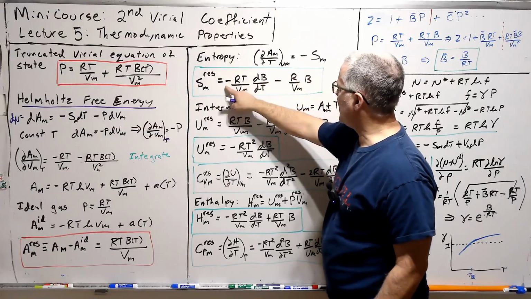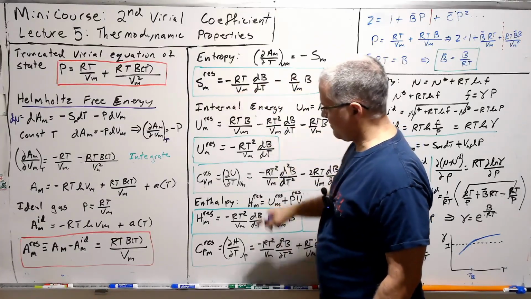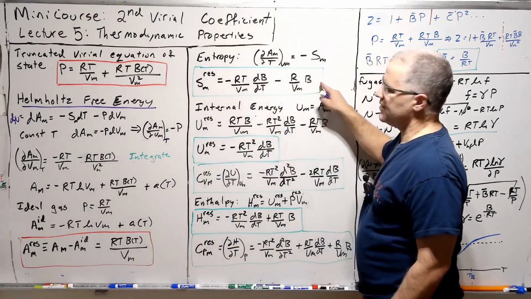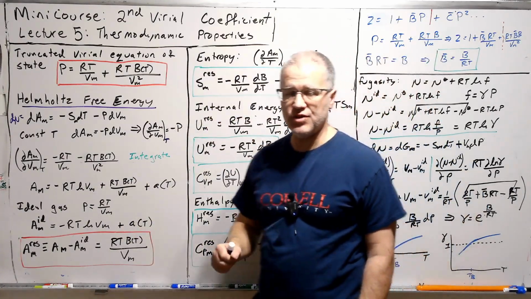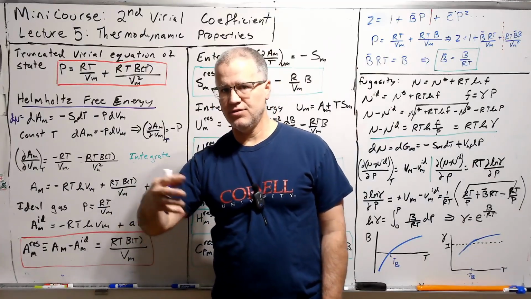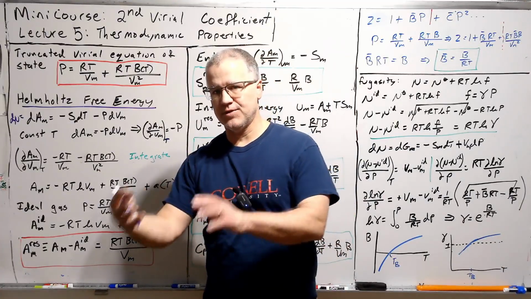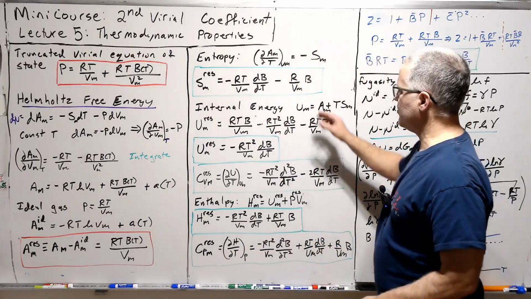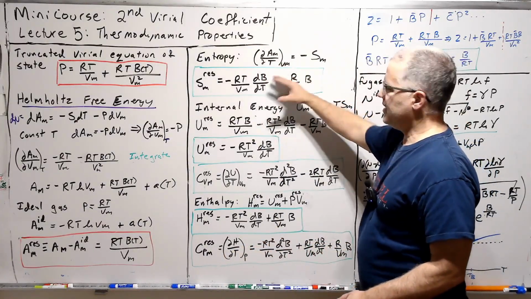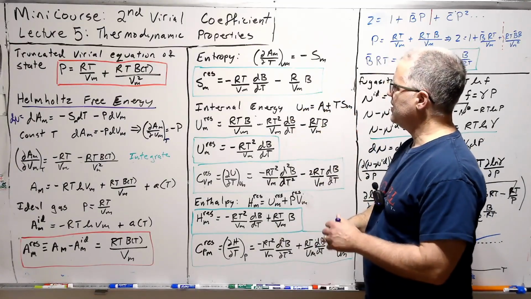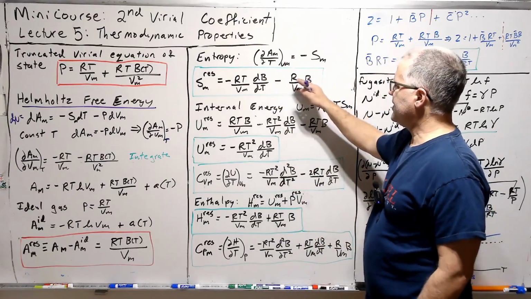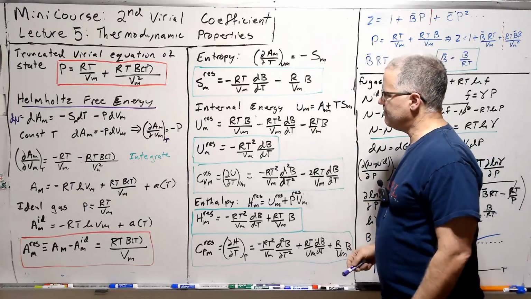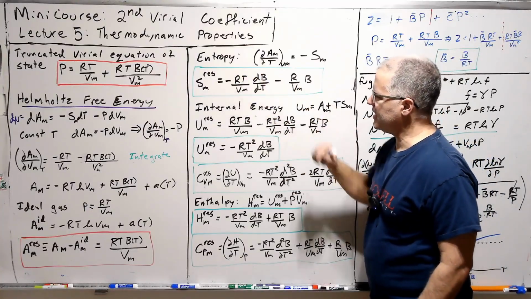The minus sign is this minus sign here, plus the second, which is B, times the derivative of the first. And so there is our residual entropy, the entropy difference between the ideal gas and the real gas due to the intermolecular potential. So you would just plug in whatever intermolecular potential gave rise to the B that you're interested in, like the square well, and put that in there and you can calculate entropy.